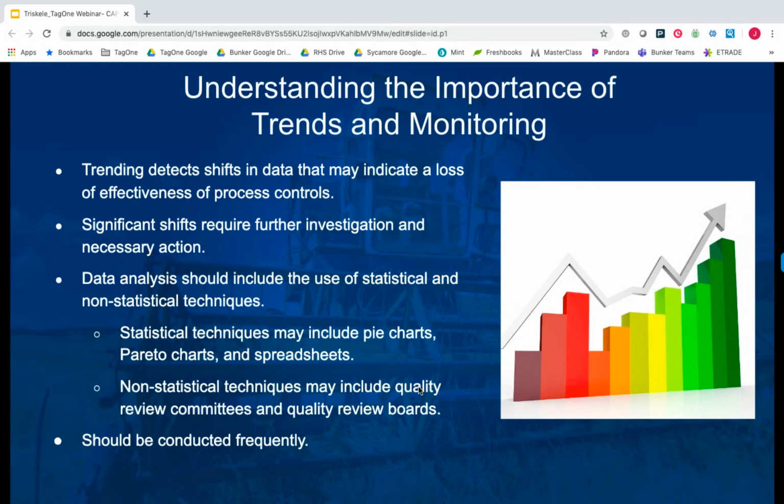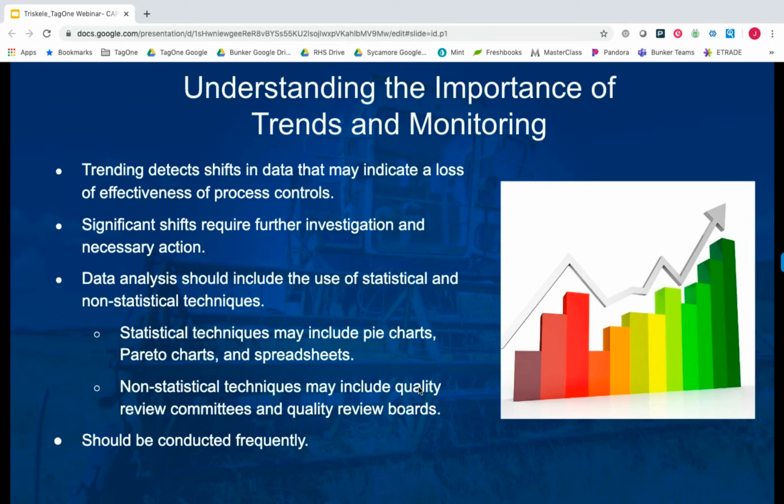And that trending can be statistical, using pie charts, Pareto charts, and spreadsheets. But it could also be non-statistical. Like I was explaining earlier, with this kind of cross-functionality, pharmaceutical organizations have material review boards where you have management from different areas come together and they start talking about their problems in their area. That's a way of trending data to see if maybe there is an issue across various departments.